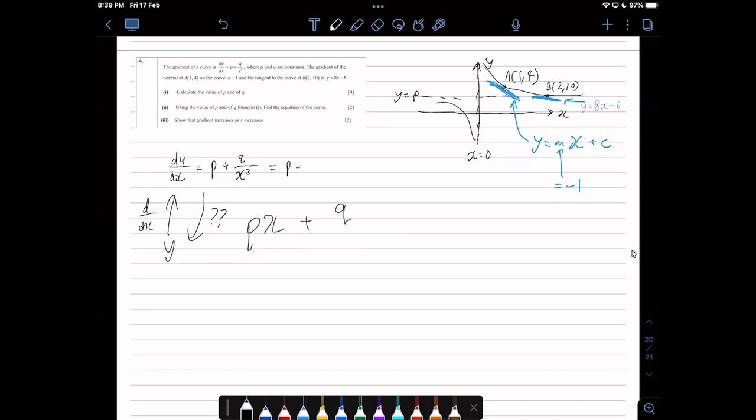This is actually p plus q times x to the power of -3. You check if you differentiate qx... no. Wait. Ah, correct. Congratulations, you have just done integration.